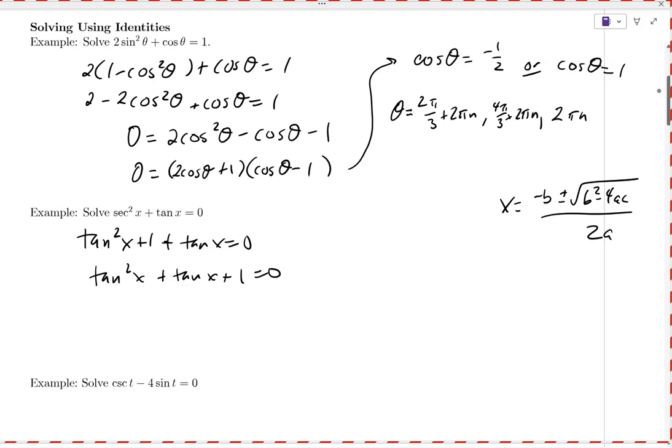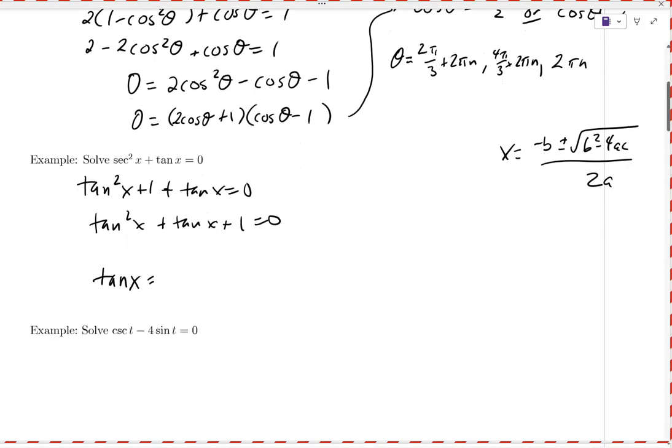So instead of x, what's playing the role of the variable that we're trying to solve for? Notice up here we factored with cosine playing the role of the variable. Here, what's playing the role of the variable is tangent, right? So we use the quadratic formula. We're not just saying x is equal to, we would be saying that tangent of x is equal to, right?